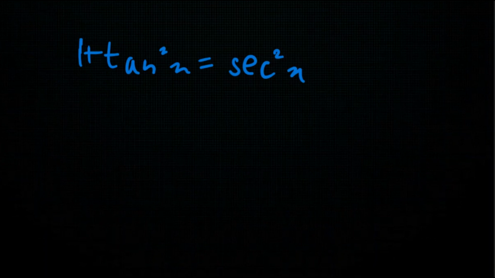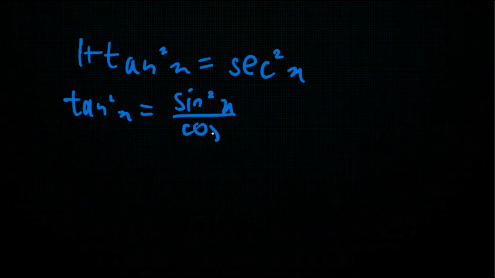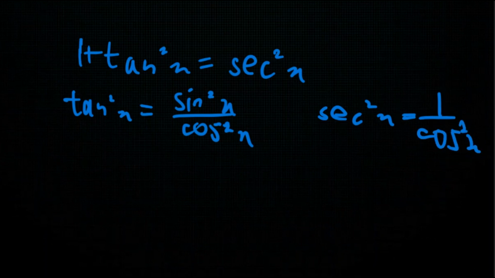We know that tan squared x equals sine squared x by cosine squared x, and secant squared x equals 1 by cosine squared x.